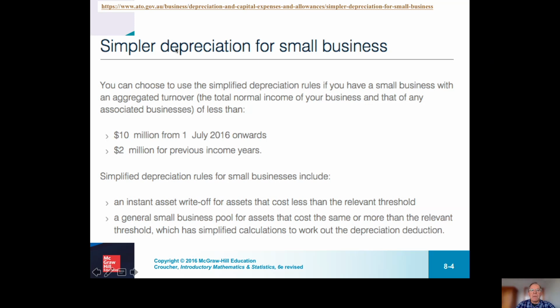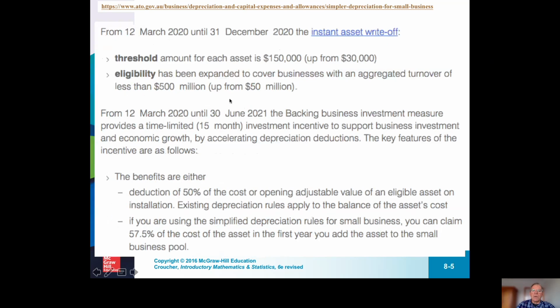Look, there is a simpler depreciation for small business available, and it enables an instant asset write-off for assets. Again, we could only write off that percentage of the asset that was used in generating assessable income. Also, in relation to that, the threshold amount of the assets moved up to 150,000.